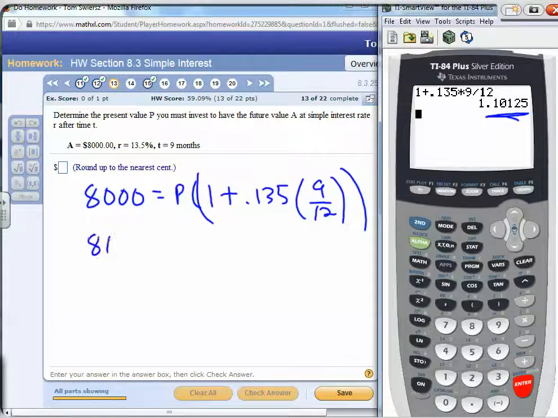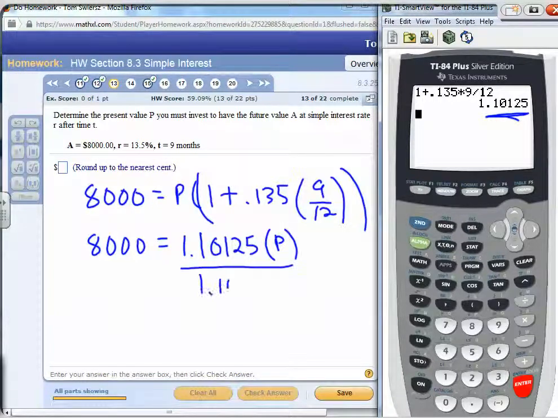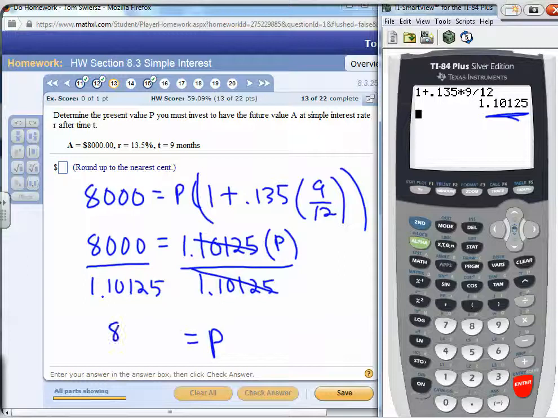So now we have 8,000 equals 1.10125 times P. To solve for P, we'll divide both sides by 1.10125. So P is going to be 8,000 divided by 1.10125.